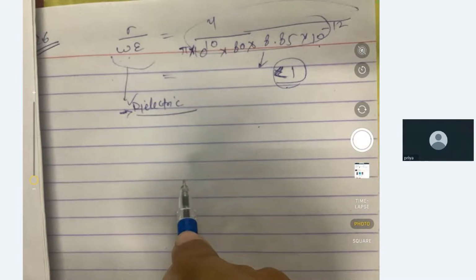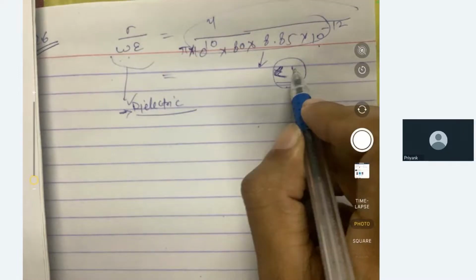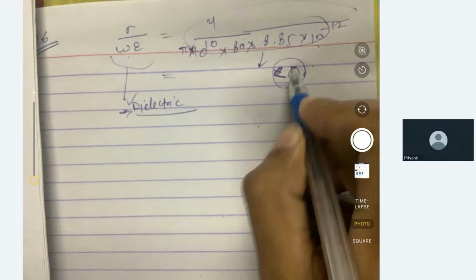No, it's less than 1. It's 1.179, but that is 0.18. Okay, so it's less than 1. So it's actually dielectric, right? Yeah. So I solved it for dielectric.